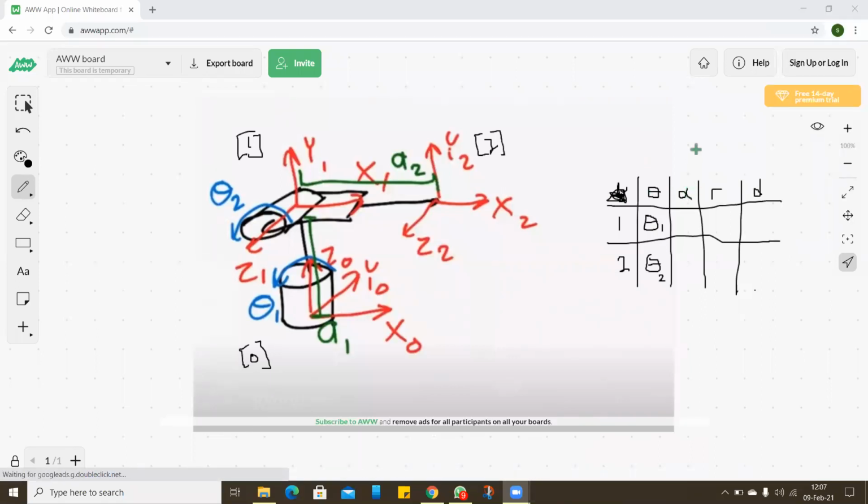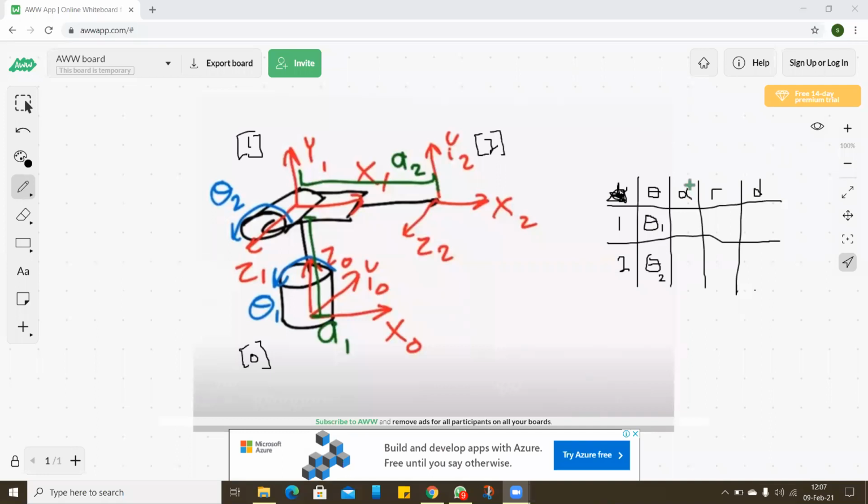Alpha is the link twist. R is the link length. The A in the diagram is R. The one in the diagram is A2, A1 from the last class, the displacement. But what we are talking about here is alpha.